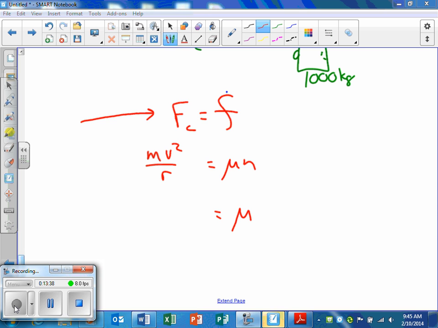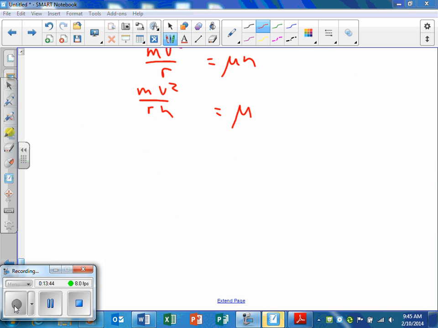So the coefficient is mv squared over rN. So the coefficient is 1,000 kilograms times 20 squared divided by 10 times 10,000. Did I put all my numbers in correctly?